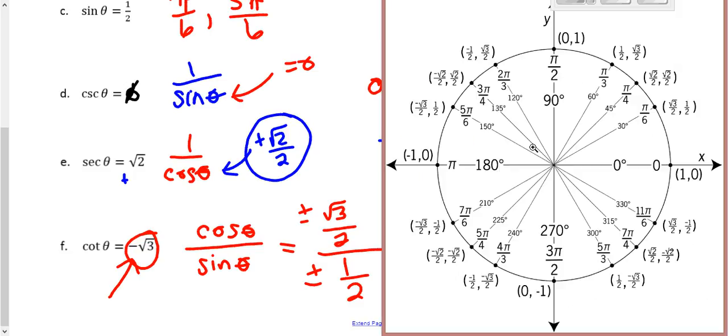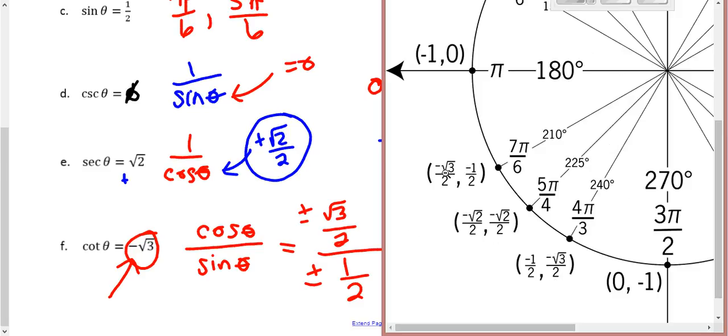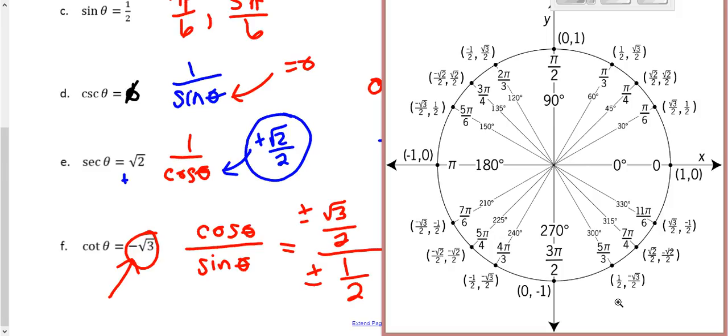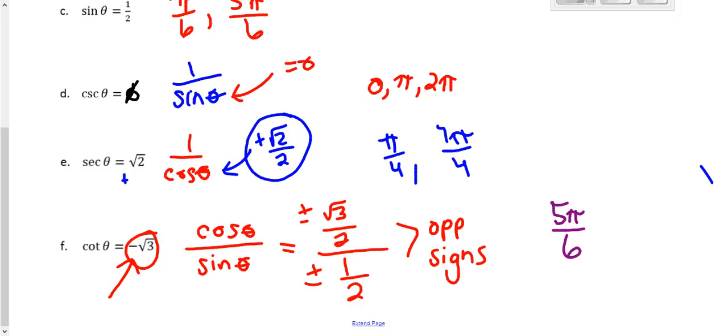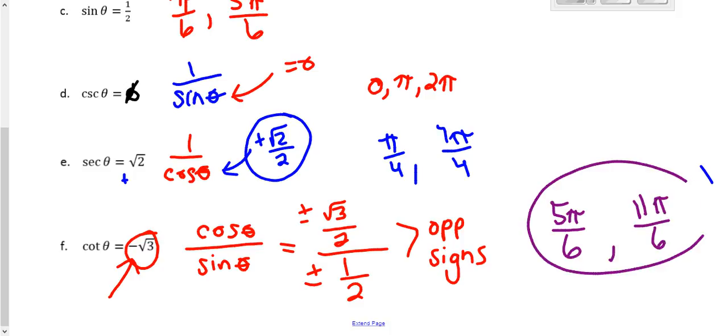Then we're still looking for cosine square root of 3 over 2. So that's here. 7 pi over 6, but two negatives is going to give me a positive, which leaves the last one over here. These are opposite signs, so they will give me a negative. That's 11 pi over 6 as my final two answers.